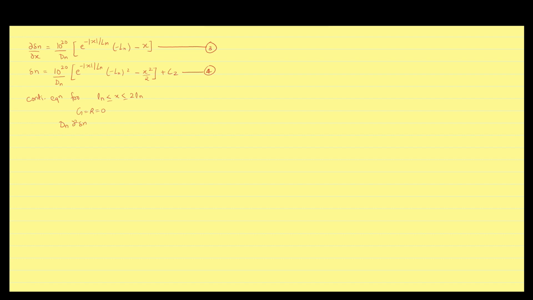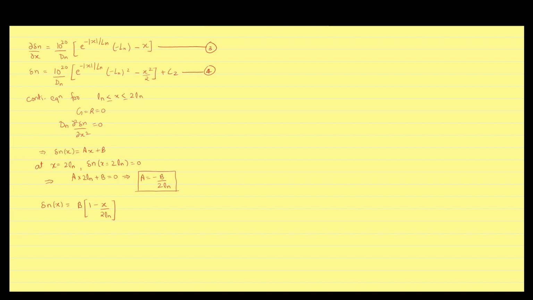Therefore, the resulting continuity equation will come out to be... Double integrating this expression, we will get the excess carrier concentration to be equal to Ax plus B, and at x equal to 2Ln, excess carrier concentration is 0, as at the boundary the carrier concentration is assumed to be 0. Therefore, we can write excess carrier concentration like this.